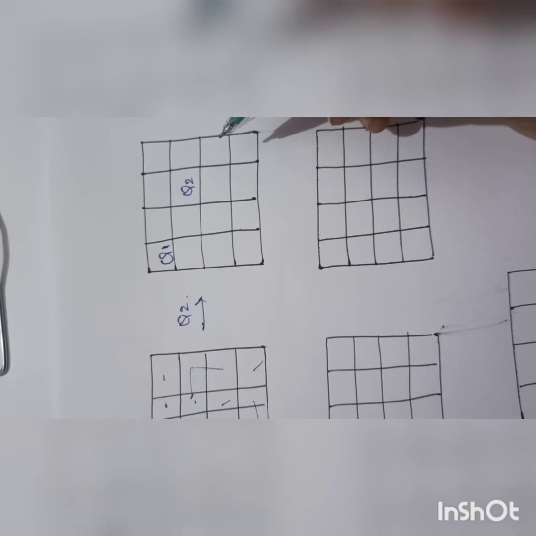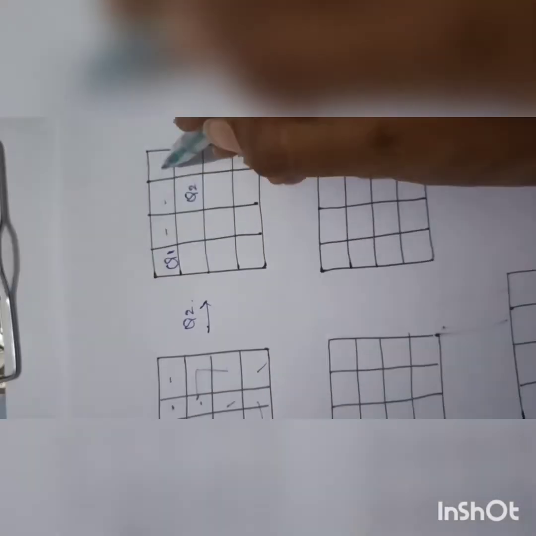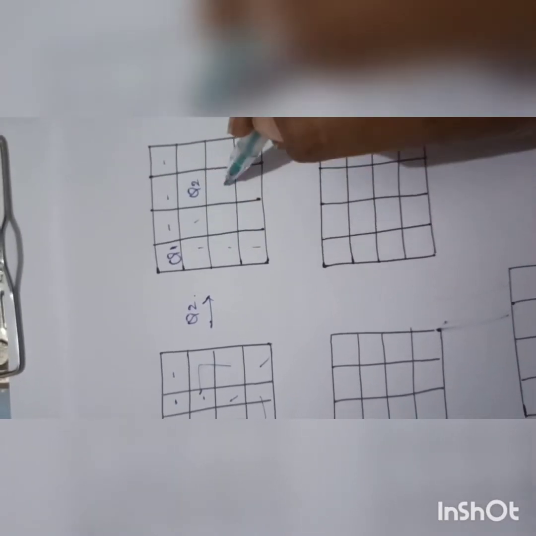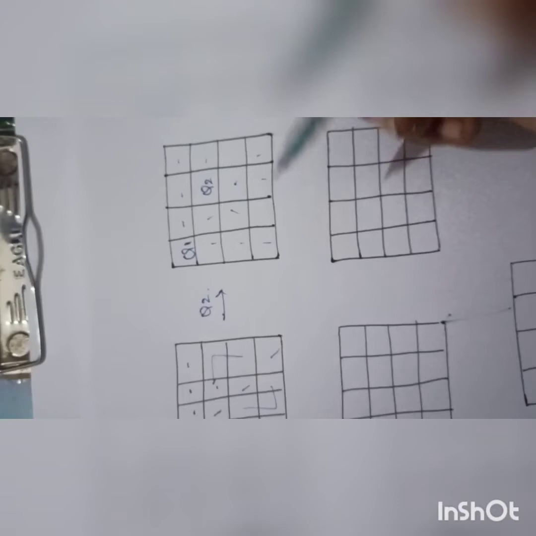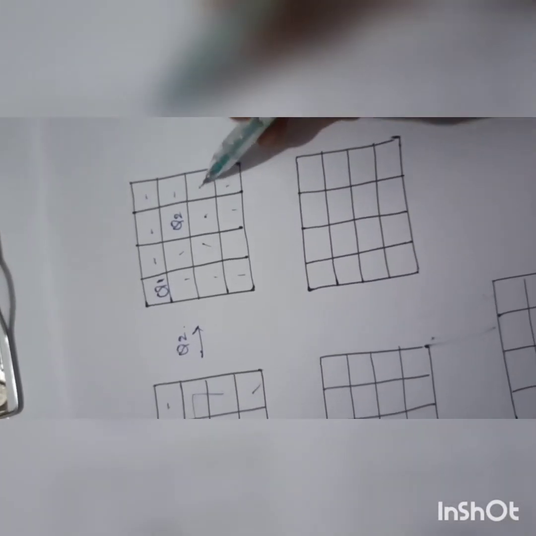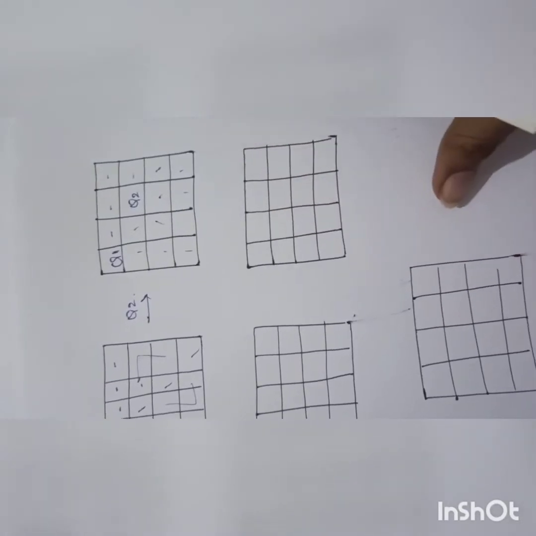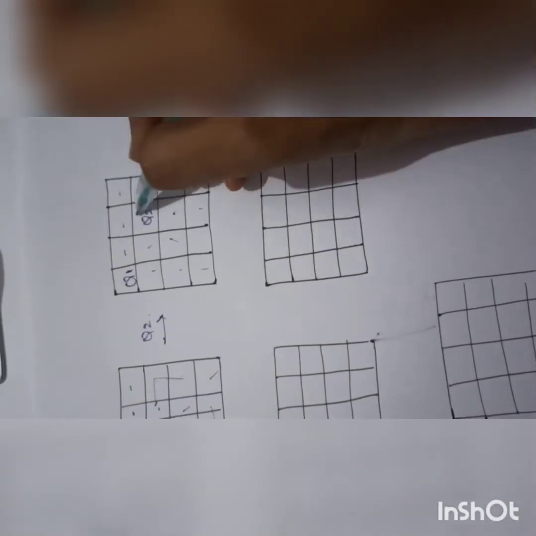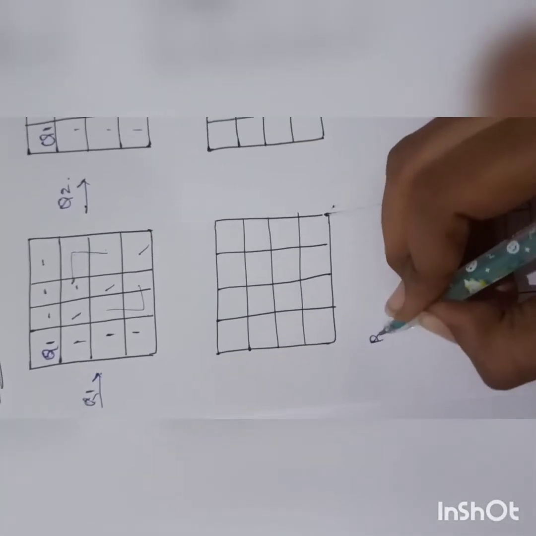Let us see the space for queen 3. Here this row was closed and this column was closed. This row and this diagonal, there was no space for placing 2 more queens. Now let us backtrack queen 2.